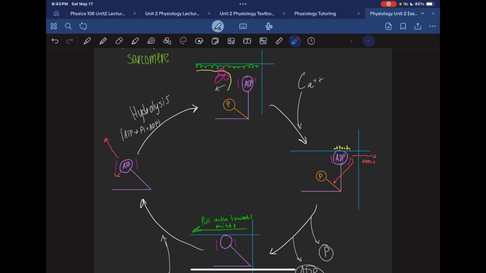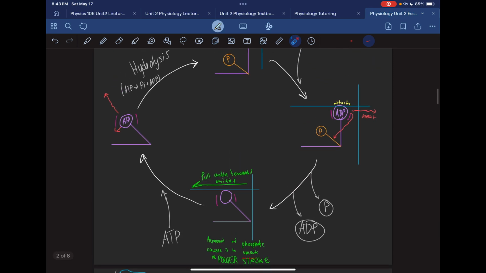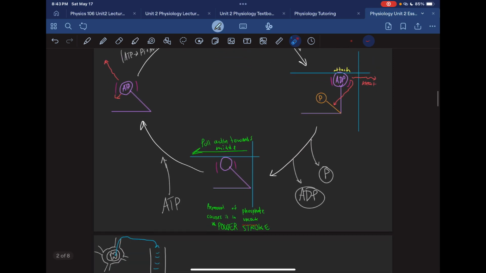When we attach the ADP, we're going to see heat get released, and the heat is also going to break off this phosphate bond. This phosphate is going to pop off, and this ADP is also going to pop off due to the attachment, which pulls the actin towards the middle, closer to the myosin.